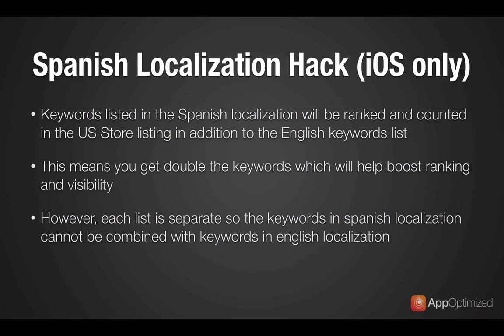You will actually not show up for that whole phrase, because you only have some of the keywords in the Spanish list and some in the English list, and those two lists cannot be combined. So basically you want to keep your keyword phrases complete within each localization, the Spanish one or the English one, but you can't combine both lists for combined phrases.